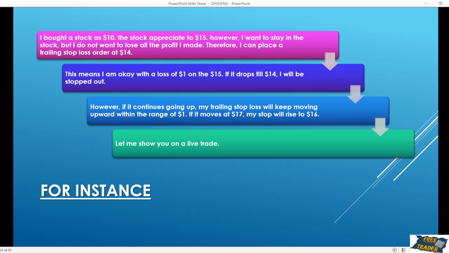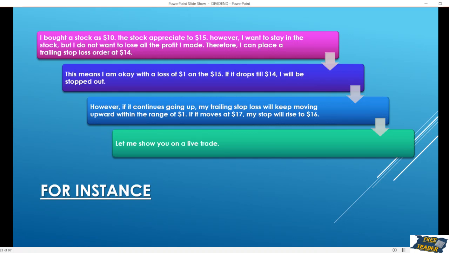I bought a stock at 10 bucks. The stock appreciated to 15. However, I want to stay in the stock, but I do not want to lose all the profit I have made. Therefore, I can place a trailing stop loss order at 14 bucks. This means I'm okay with a loss of $1 on the $15.